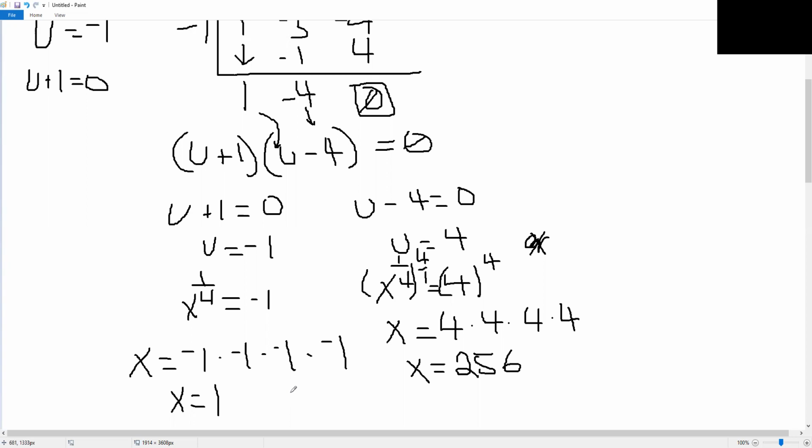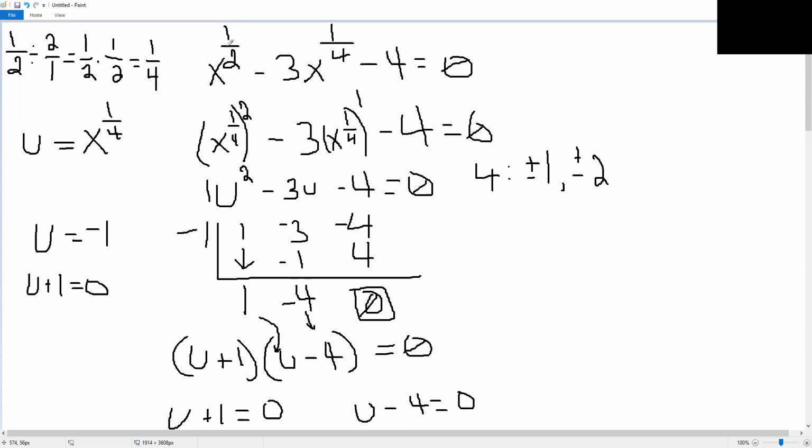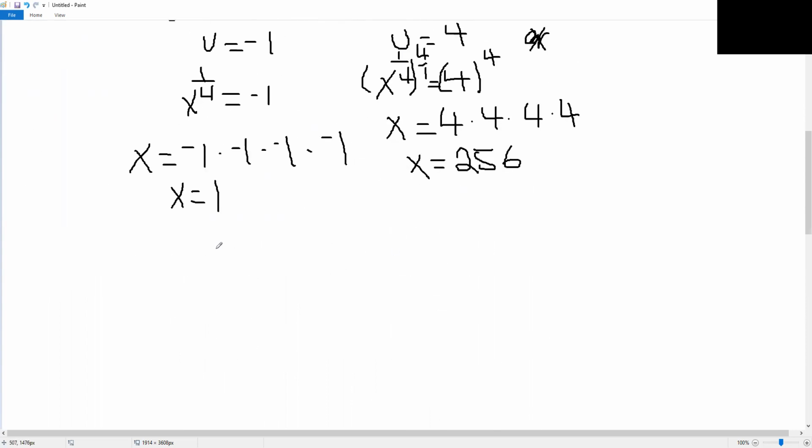All right, now to check our work. How do we check our work? Well, we grab our original equation, x to the 1/2 minus 3 times x to the 1/4. So we know that x could be 1 or it could be 256. Let's just play with the 256 part.